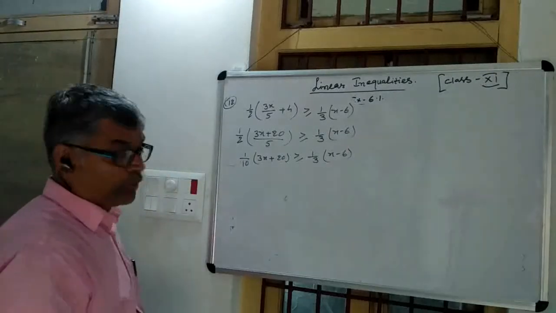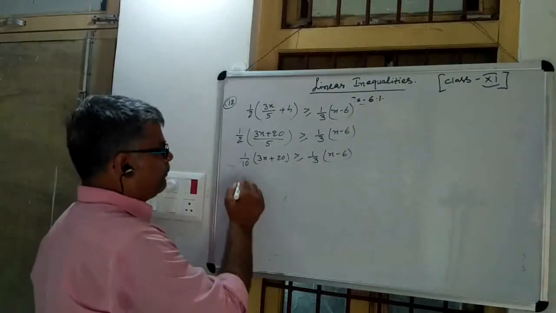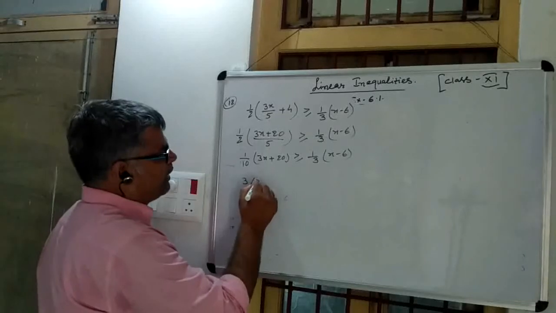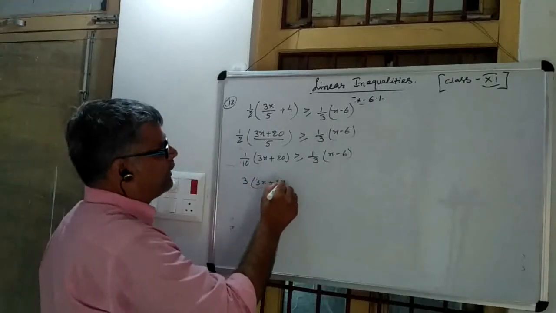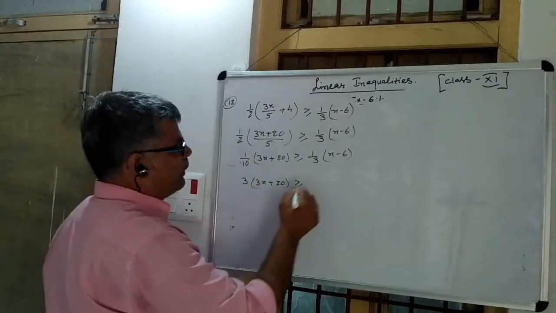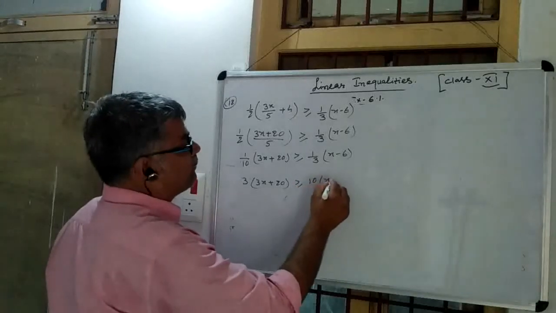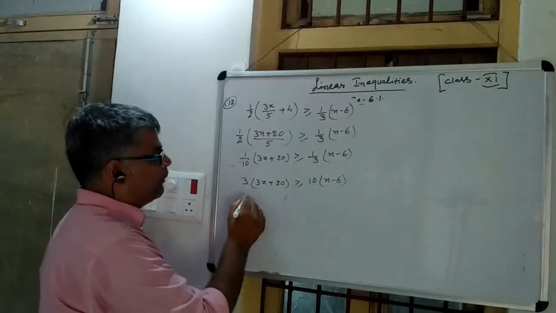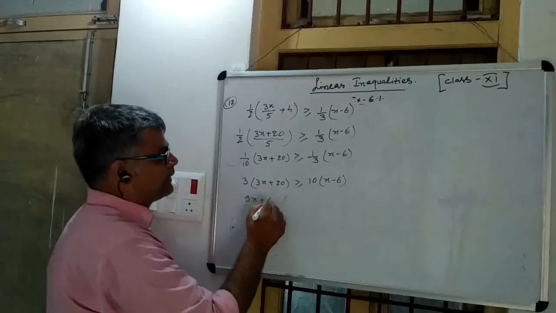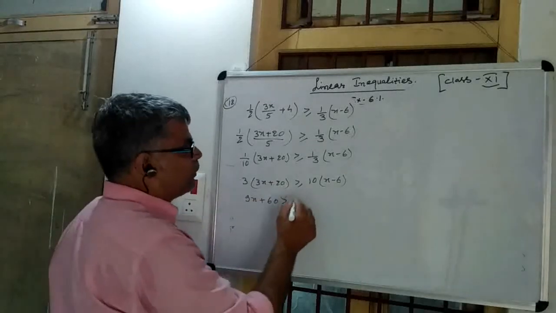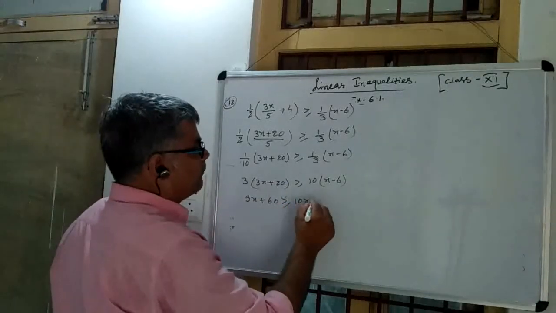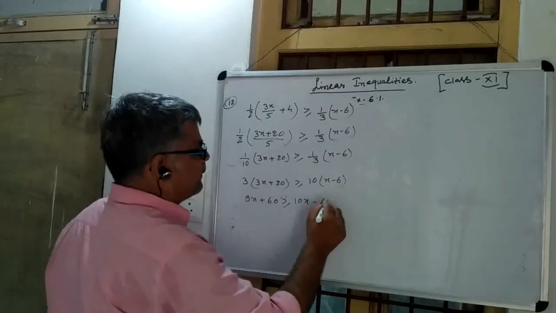Now we perform cross multiplication here. So it will become 3 into 3x plus 20 is greater than or equal to 10 into x minus 6. Now it becomes 9x plus 60 is greater than or equal to 10x minus 60.